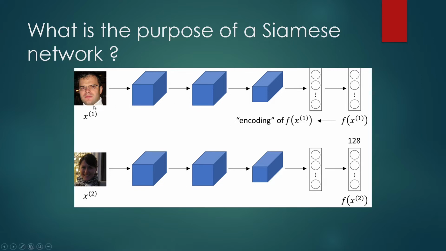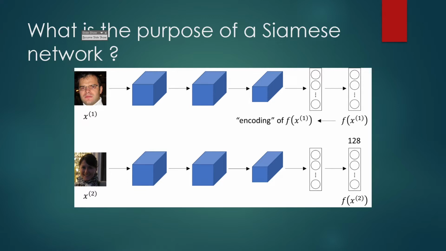So we pass in the x1 image, we get a feature vector of 128 numbers, let's say, and we pass in the second image x2 into the same network, and we obtain a different 128 vector, simply said, a different encoding. After we acquire these two different vectors, we want to calculate the distance d between them, to see how similar these two images are.